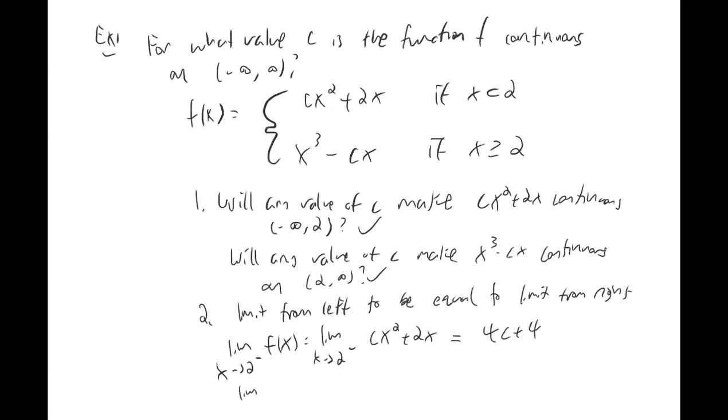And x goes to 2 from the right is limit x goes to 2 from the right of x cubed minus cx. And what is that? That's 8 minus 2c, right? So these should be equal. And then you're done.